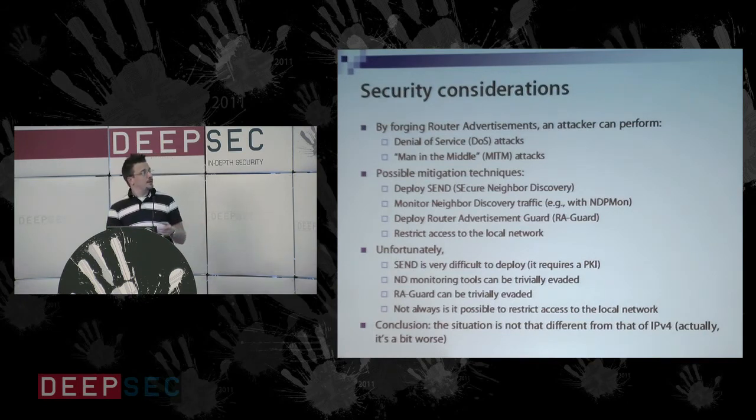When talking about the countermeasures available for that, most of them are the same as in the previous case, so I will not talk about them. The only one that is specific for attacks against stateless address auto configuration is a countermeasure referred to as router advertisement guard, which is basically about filtering these messages at switches.